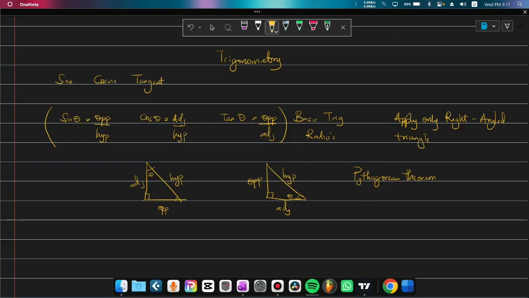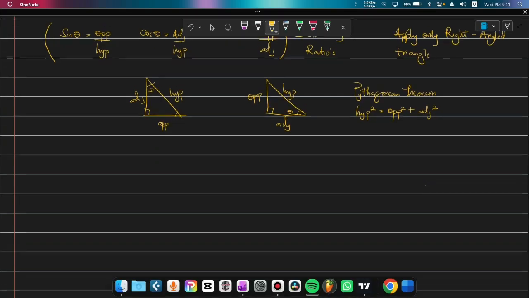What does the Pythagorean theorem tell us? That the hypotenuse squared is equal to the opposite squared plus the adjacent squared. You need to remember this for basic trigonometry. And if you remember this for basic trigonometry, you would be fine.